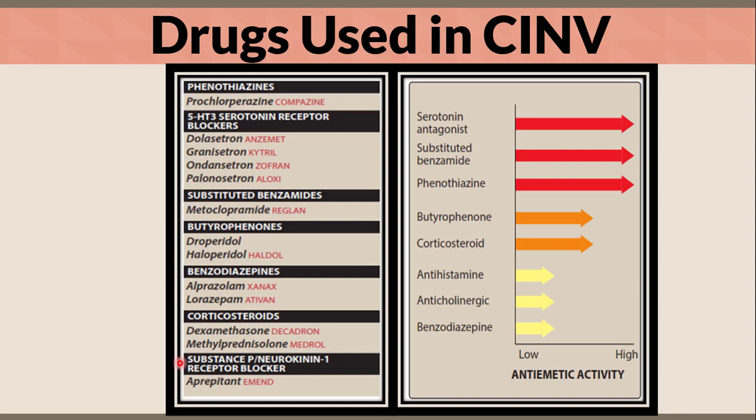When it comes to antiemetic activity, the most powerful groups are serotonin antagonists, substituted benzamides, and phenothiazines.